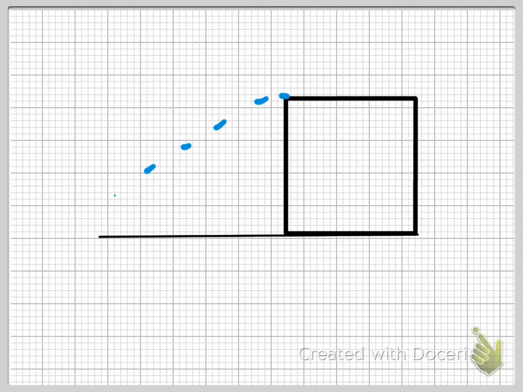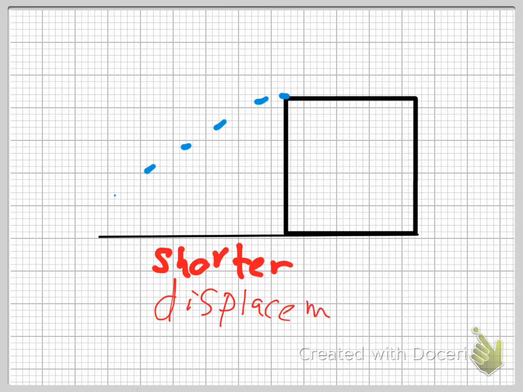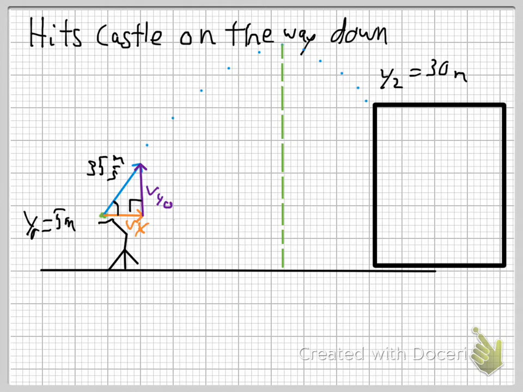This is going to be scenario 2, which I'm going to change to be kind of like the second part of the problem. We're going to have a much shorter horizontal displacement for this one, right? Because it's going to be in the air for less time. Okay. So let's change the question to say that it hits the castle on the way down.